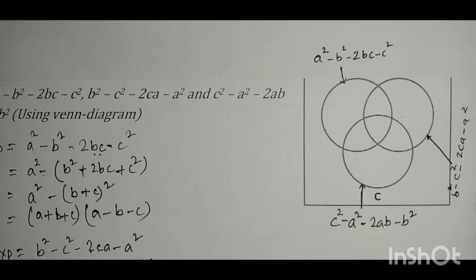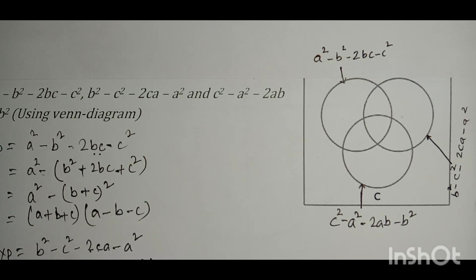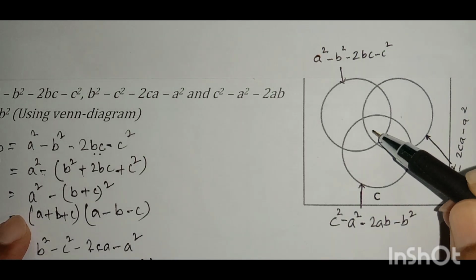Now let us see. What I find is, in my first expression there are two factors, in the second also 2 factors, and in the third also 2 factors, and in all three of them we have a same factor, that is a plus b plus c.